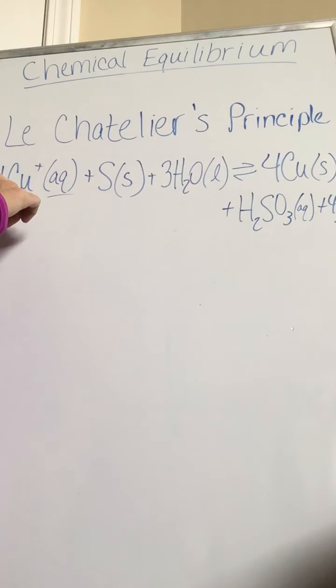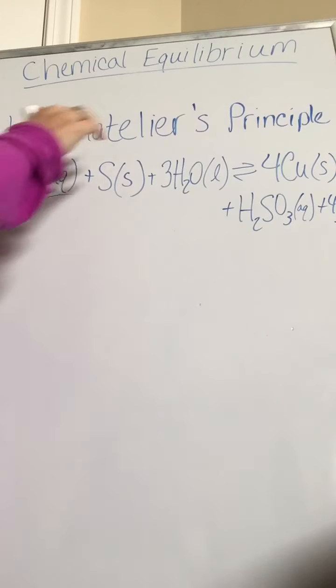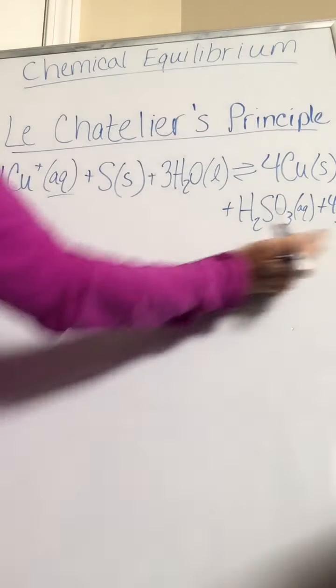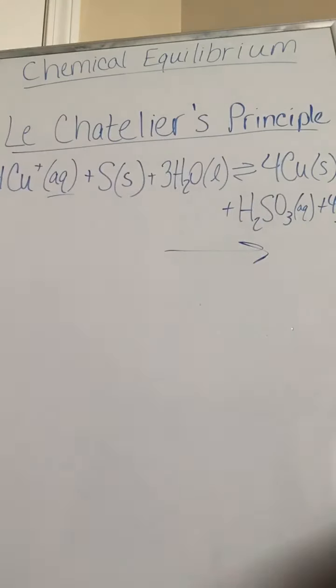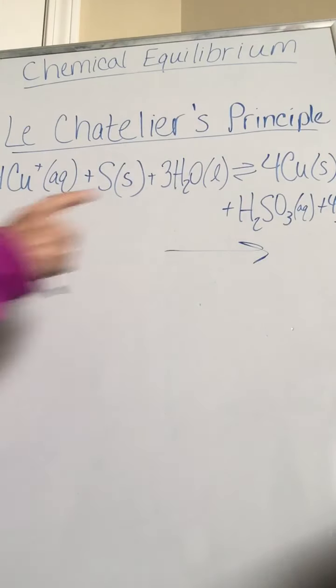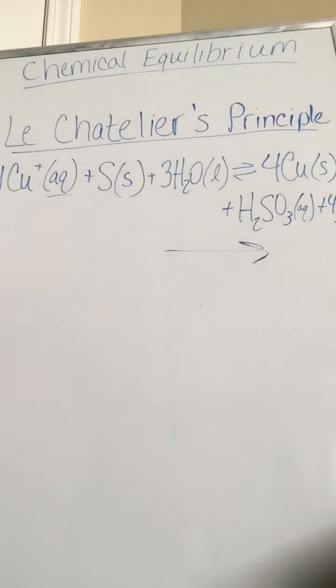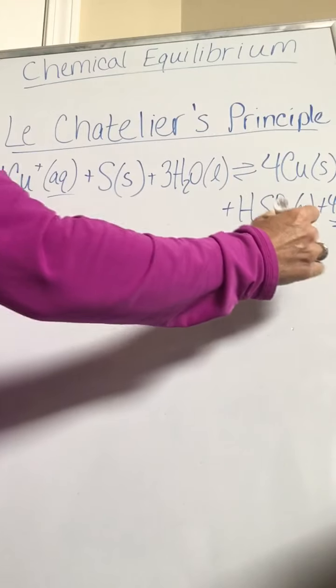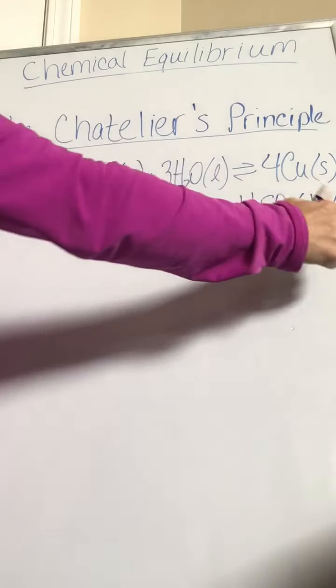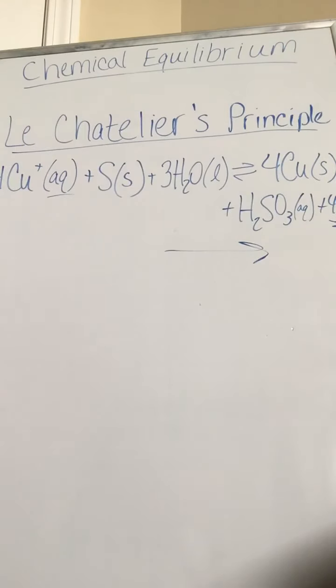So when we add a reactant, if you remember Le Chatelier's principle, it's going to shift towards the H+. It shifted this way, so that means more H+. It's going to increase. So H+ will increase if we add Cu+.